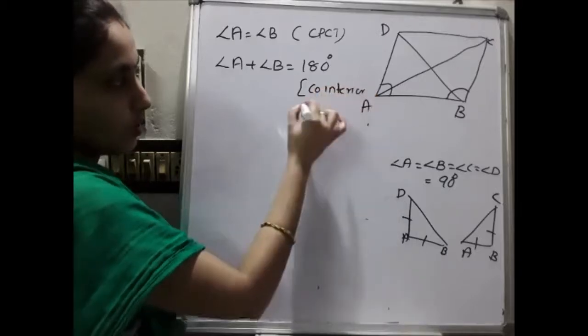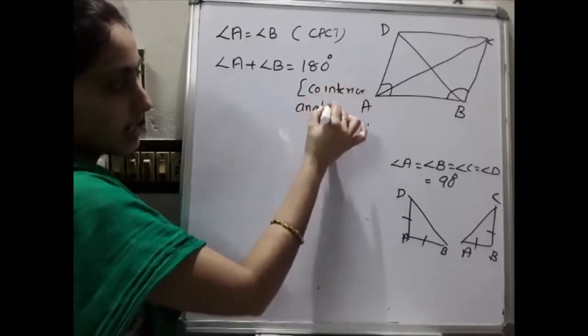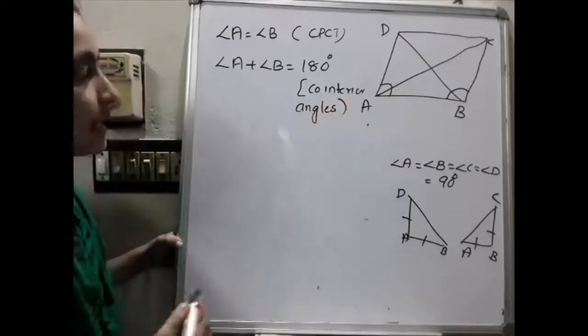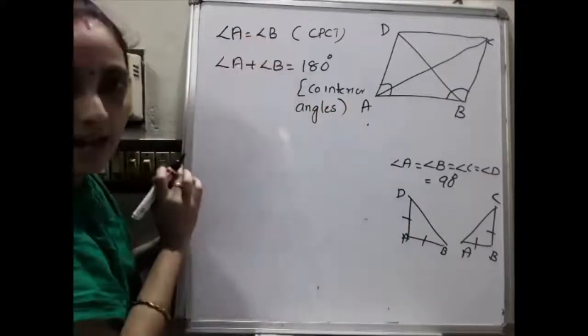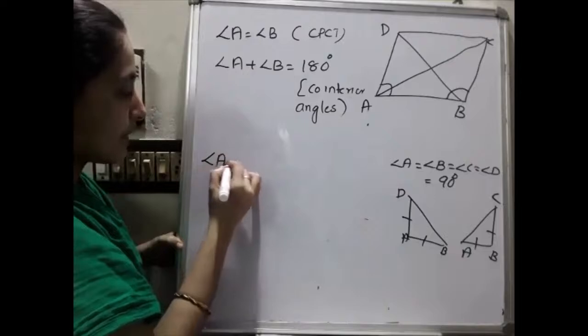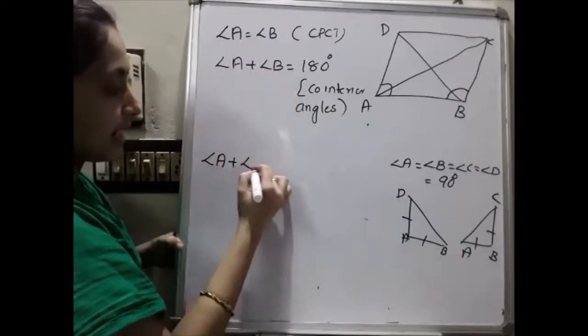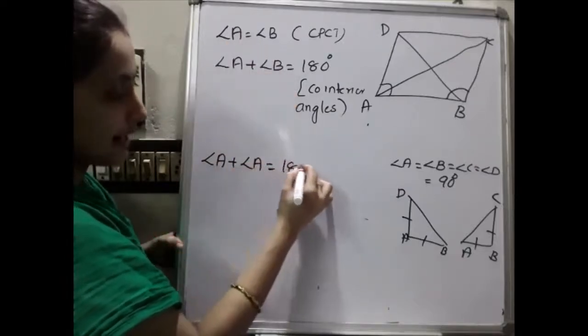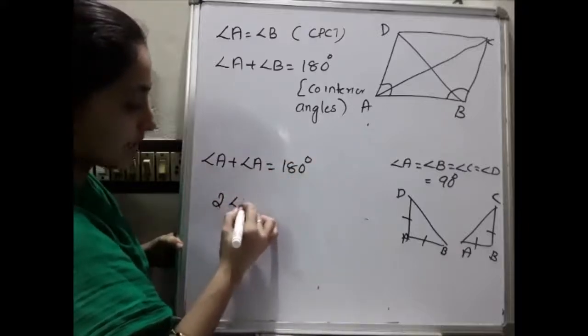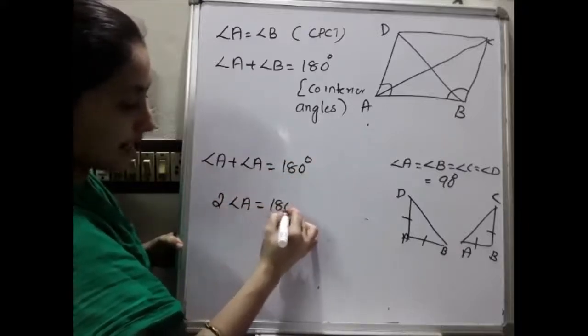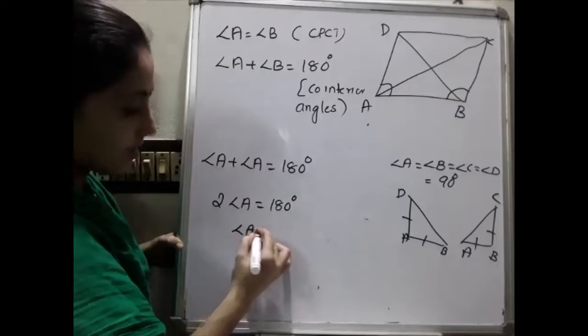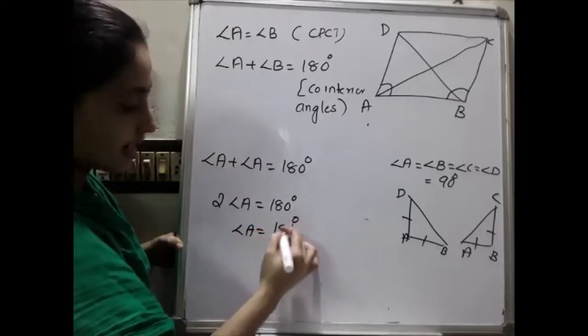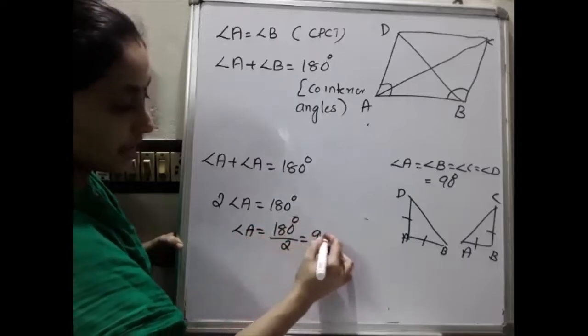Because co-interior angles are supplementary. So we can replace angle B by angle A. So angle A plus angle B is the same as angle A plus angle A, that is equal to 180 degrees. It is 2 times angle A equal to 180 degrees. So angle A will be equal to 180 degrees divided by 2, that is equal to 90 degrees.